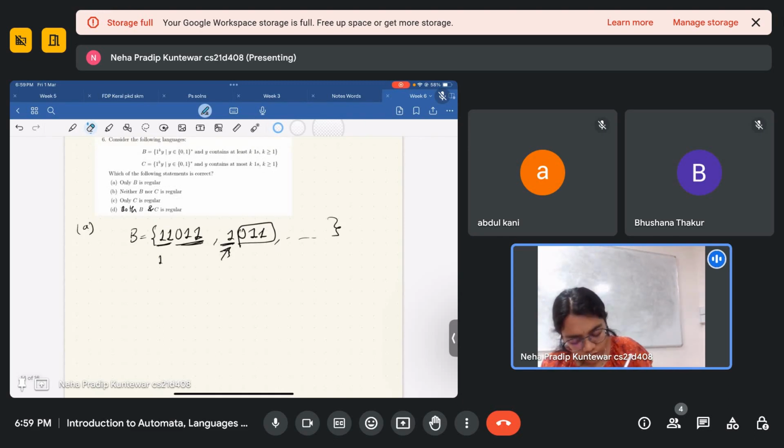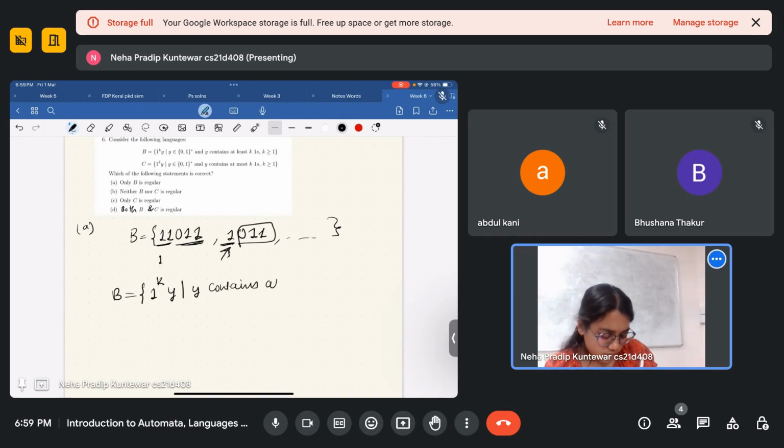So in this case, B is nothing but a bunch of ones followed by a string y, where y contains at least k ones.